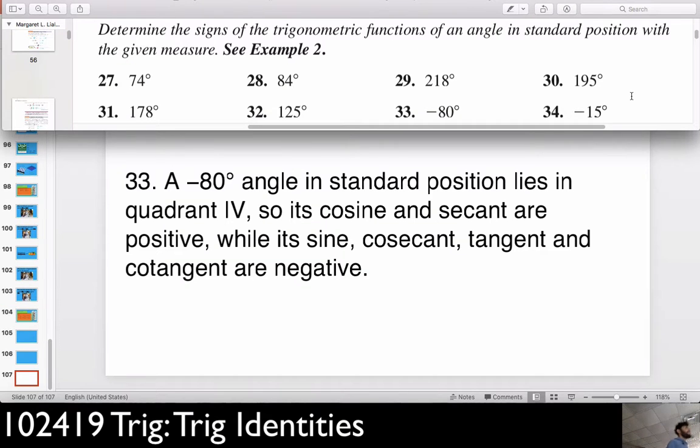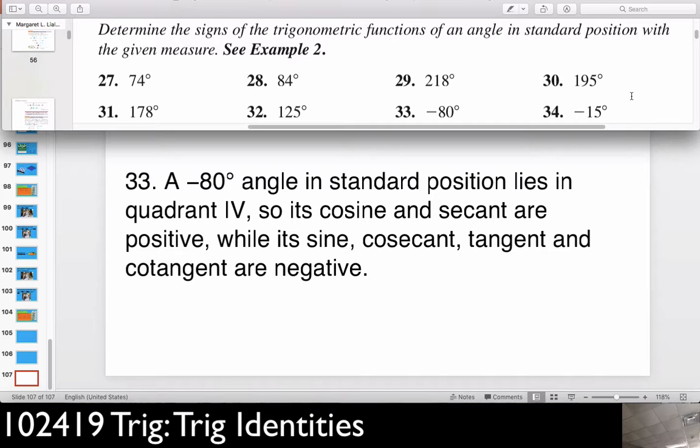I think, yeah, great. So then, all right. Determine the signs of the trigonometric functions of the angle in standard position of the given measure. So sine, cosine, tangent, cosecant, secant, and cotangent.